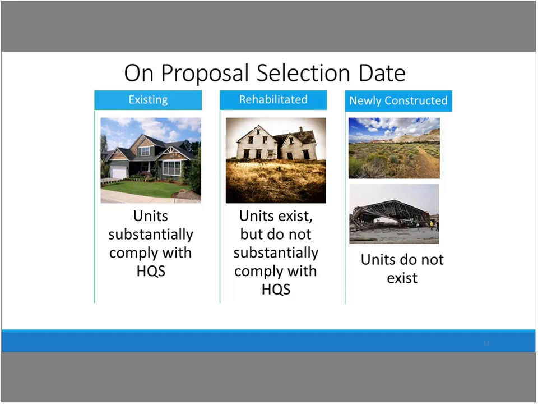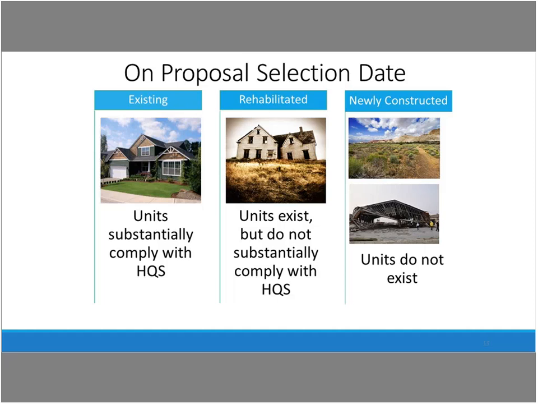The difference between an existing building and a rehabbed building is defined by that housing authority's admin plan. If the existing building substantially complies with HQS, Housing Quality Standards, then it is an existing building.